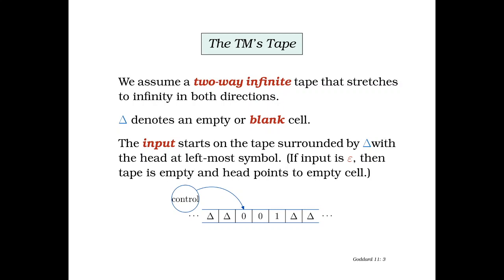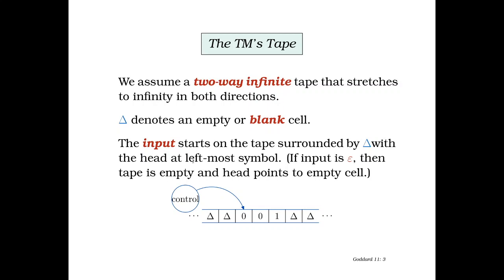So, if you want to move to the left any number of times, the Turing machine is not going to stop us. Likewise, if we want to move to the right any number of times, the Turing machine is not going to stop us or tell us that it is out of memory.